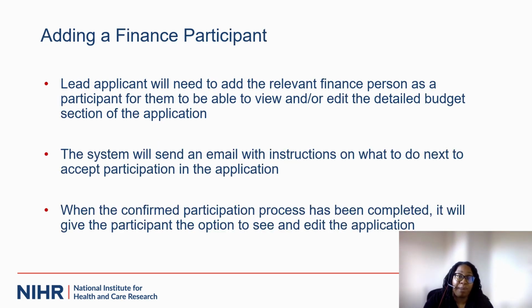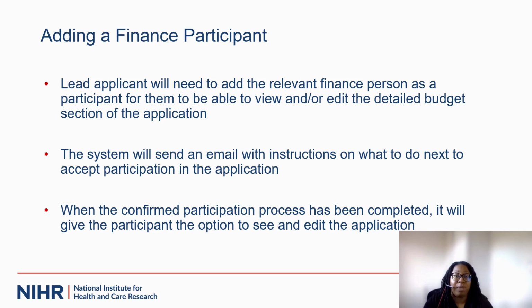As part of this application, the lead applicant will need to add a relevant finance person as a participant for them to be able to view and/or edit the detailed budget section of the application. So you identify that person, you put their email address into that section of the application form.